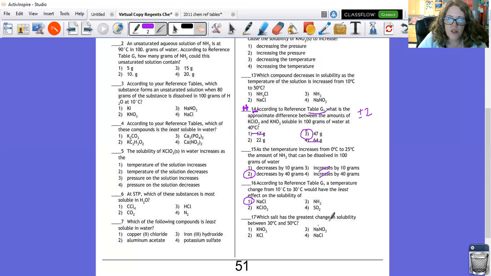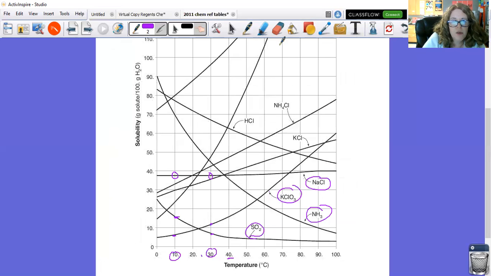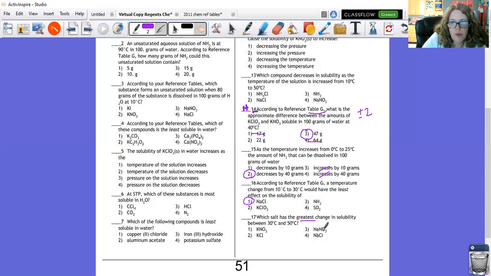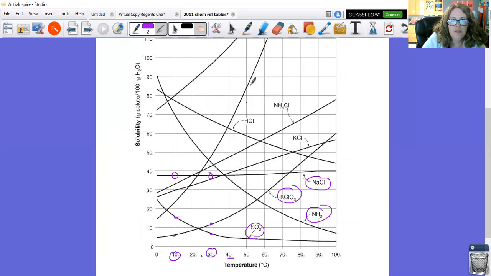Which salt has the greatest change in solubility between 30 and 50 degrees? Now I'm looking for the greatest, the steepest change. We have potassium nitrate, potassium chloride, sodium nitrate, and sodium chloride. It's not going to be sodium chloride, we just looked at that one. Let's find KCl.